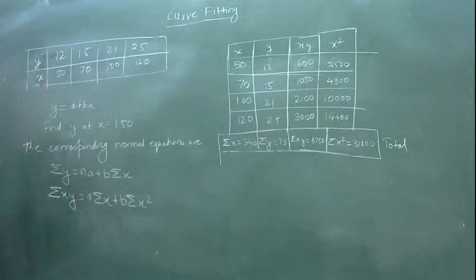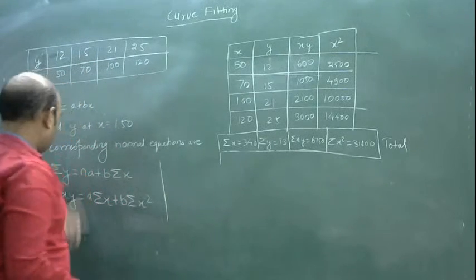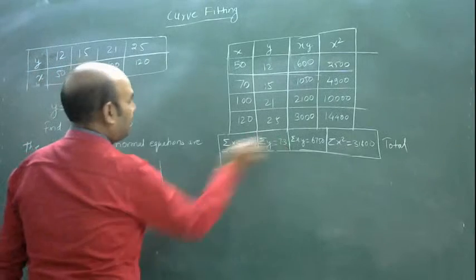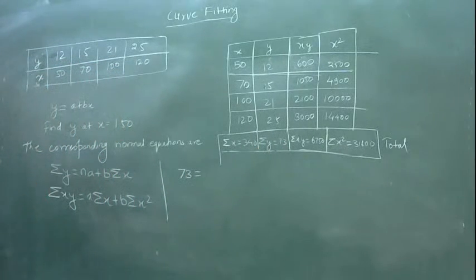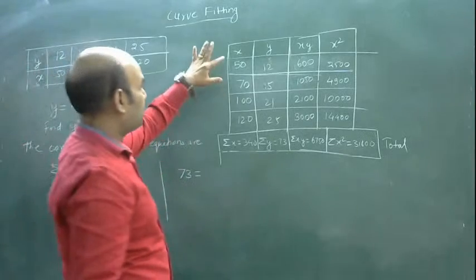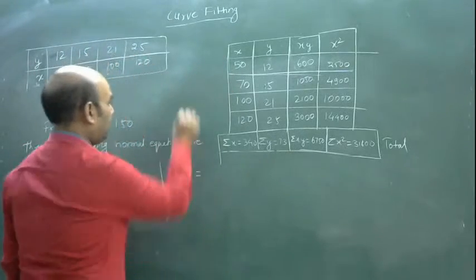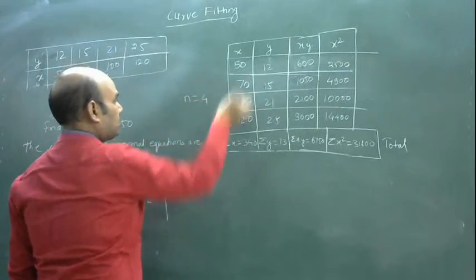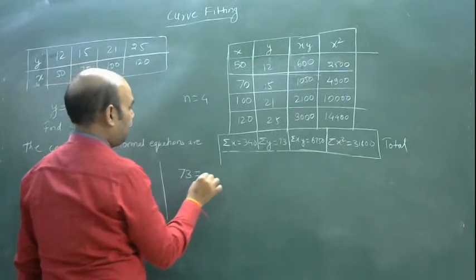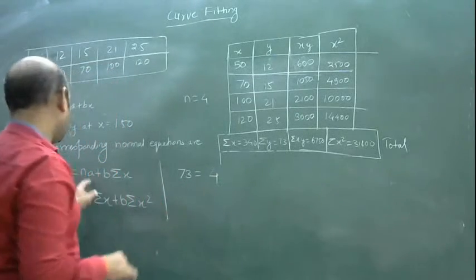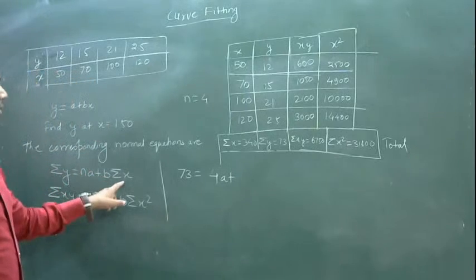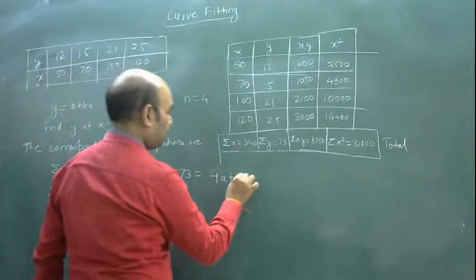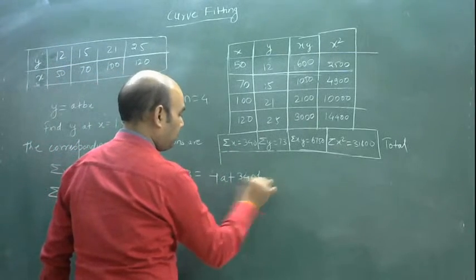Now substitute the values in this equation. Summation y is 73, so 73 is equal to n into a. The number of values of x and y, n is equal to 4. It is quite clear from this table, n is equal to 4. So 4 into a, which is unknown, plus b into summation x, which is 340, so 340 into b.